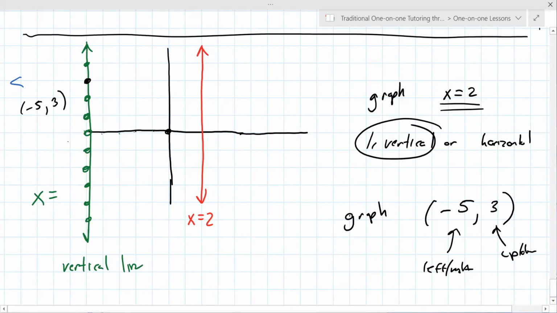So let's label it. This ordered pair here is -5, comma 0. How about this ordered pair up here? It's -5, comma 1. What about this ordered pair here? Do you see a pattern?